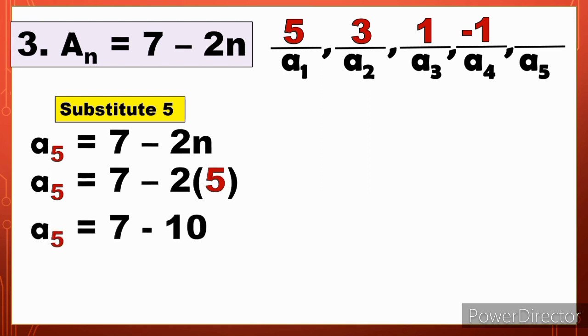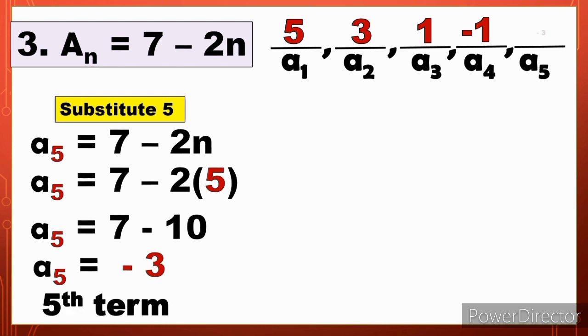Then, now we have a sub 5 equals 7 minus 10. 7 minus 10 equals negative 3. Therefore, a sub 5 equals negative 3. And negative 3 is the fifth term. So, ang first 5 terms ng given rule natin or equation ay 5, 3, 1, negative 1, negative 3.